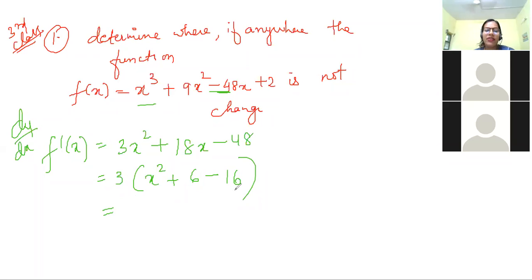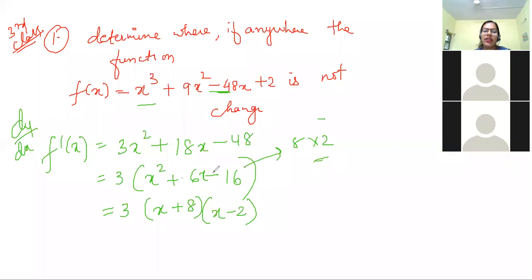Akshita, Kirtana, what will be the factors over here if you do the factorization? x + 8 and x − 2. Agree? Yes. Okay. See, factorization should be very fast. This is 8 into 2, where 8 minus 2 will give you the 6 over here.